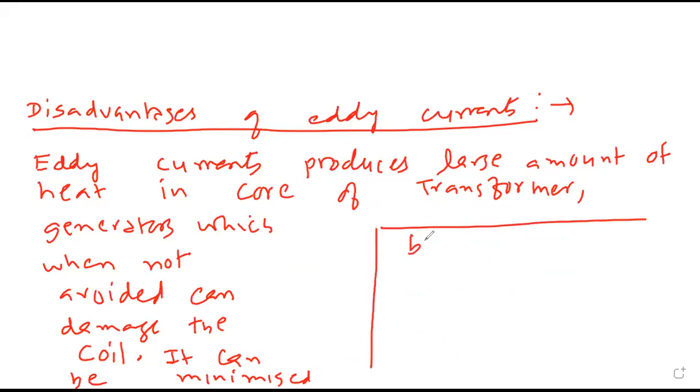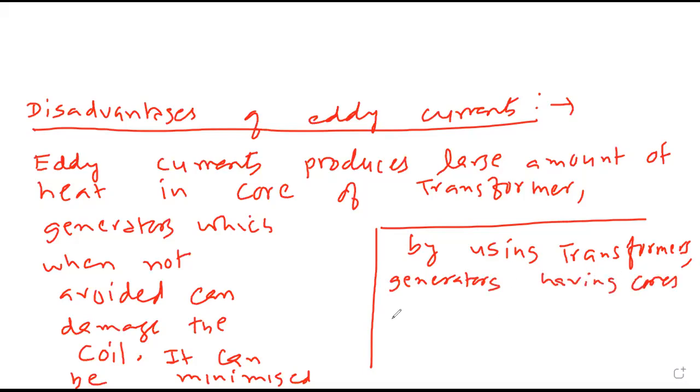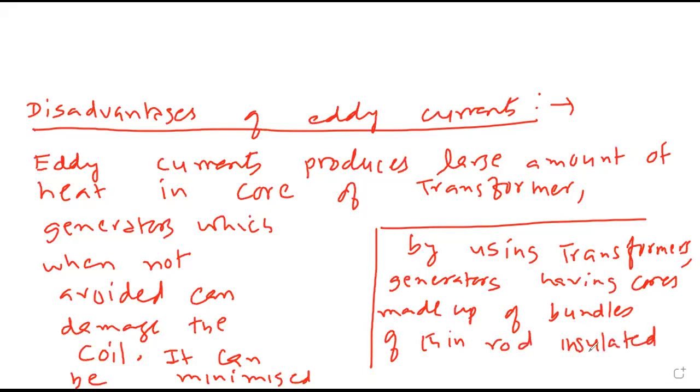It can be minimized by using transformers, generators having cores made up of bundles of thin rods insulated from each other, having high resistivity.